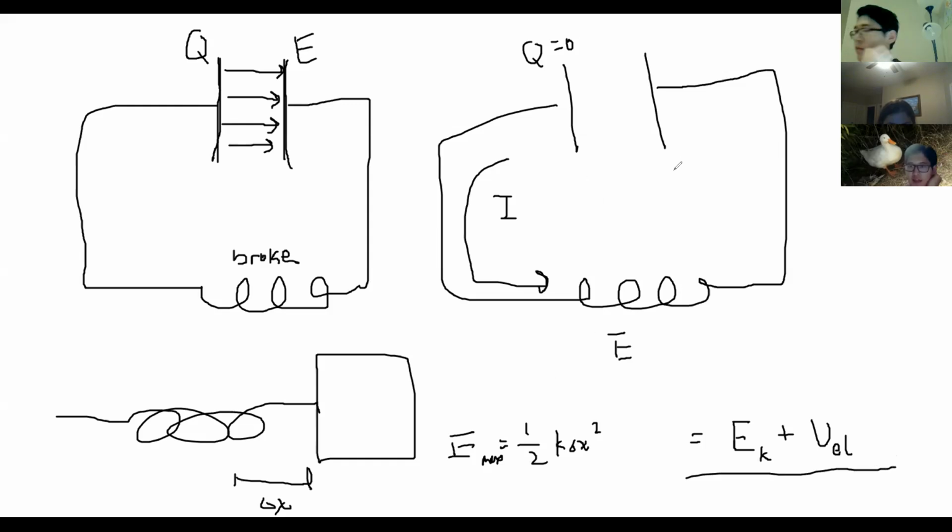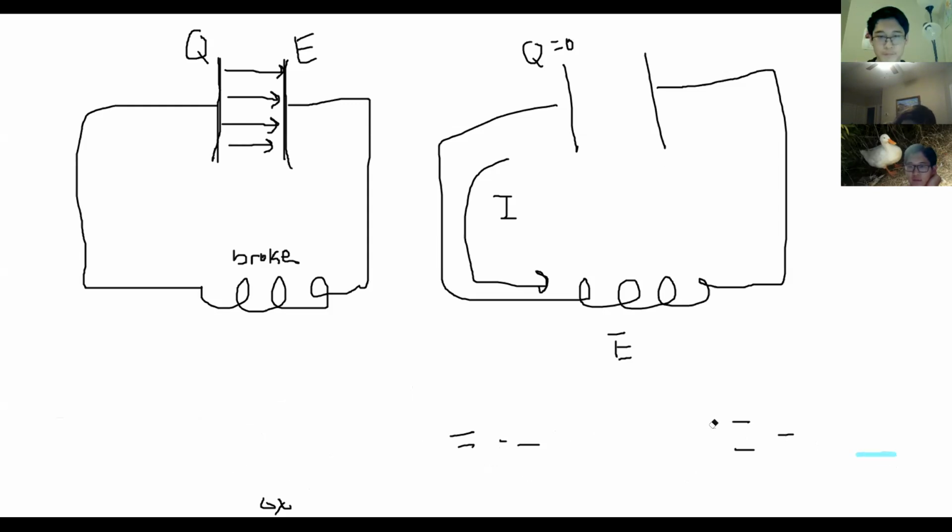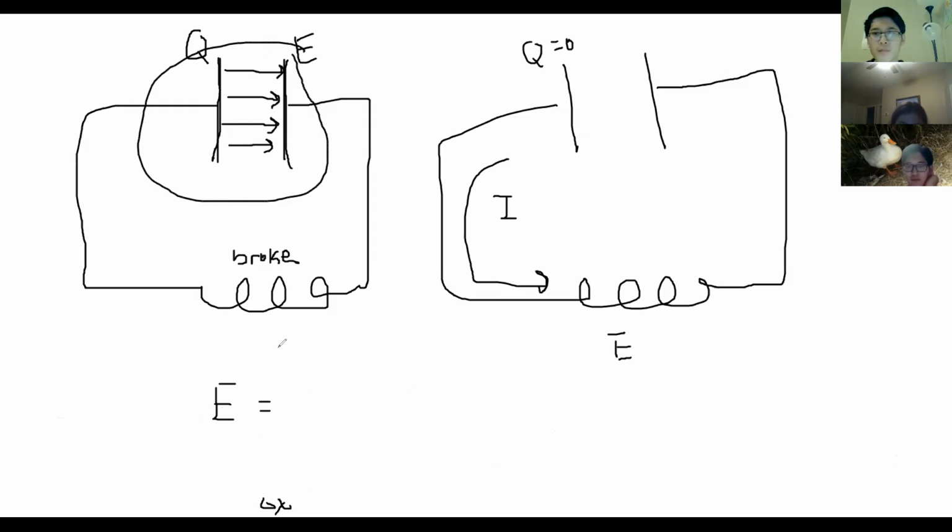Similarly, in our electrical analog, it's like an oscillation. We have our max energy, which is just equal to the initial energy in the capacitor's field, right?